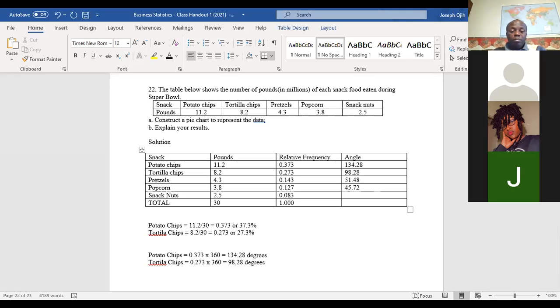And for snack nuts, 29.88 degrees. When you add all, you get approximately 360 degrees. If it is off by say 0.01, you're still good. It might be a result of rounding error. The same thing with the relative frequencies: sometimes you get 0.9999, which is still good because of rounding error.